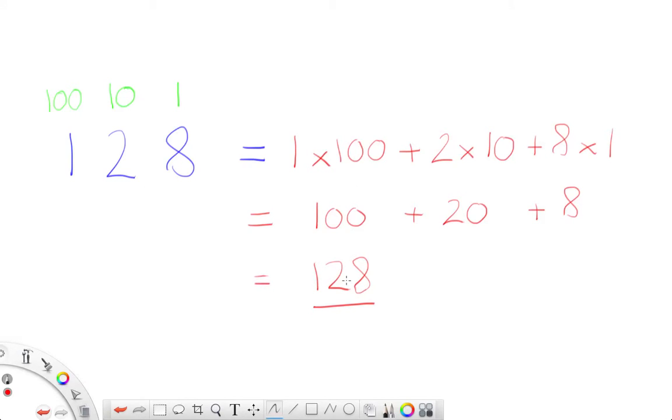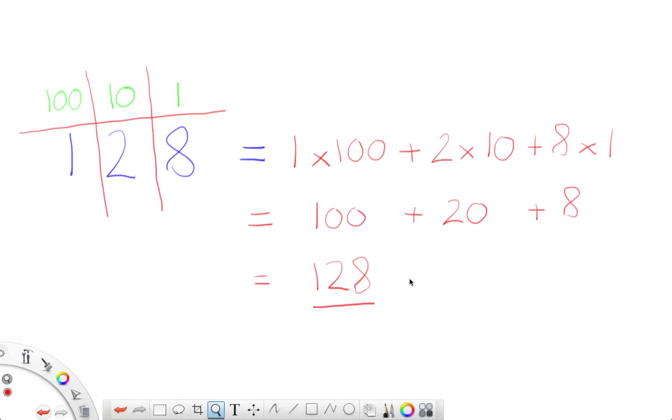But it's showing us that we have 100 of something, 20 of something and 8 of something, so in total that's 128. And this is how, hopefully, you've learnt your maths or your arithmetic or numeracy, by using these columns. So that we have the ones, the tens and the hundreds.